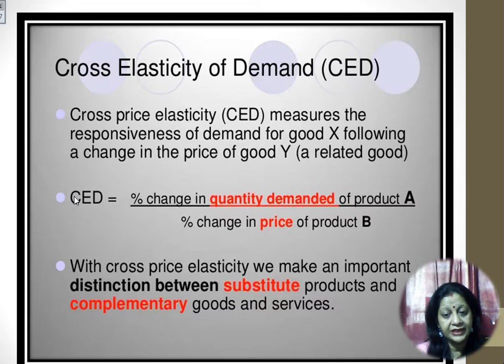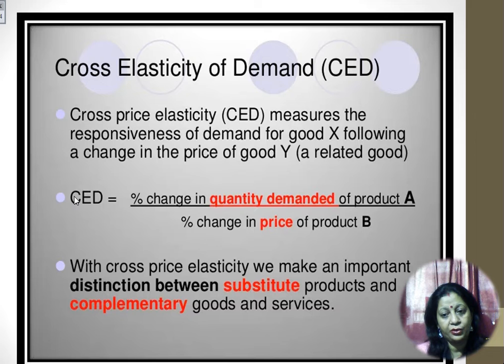With cross price elasticity, we make an important distinction between substitute products and complementary goods and services. Complementary means कि जो भी आप good use कर रहे हैं, if due to some reason or the other it is not available in the market, then for the time being you can purchase one good as a complementary good.